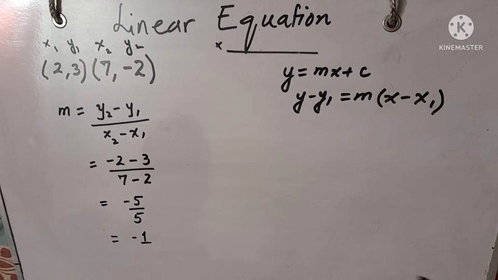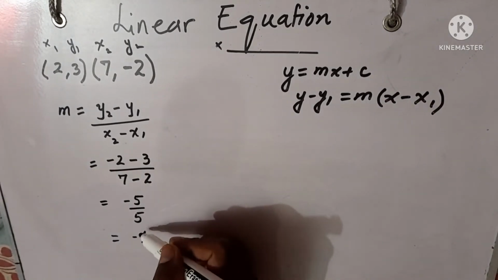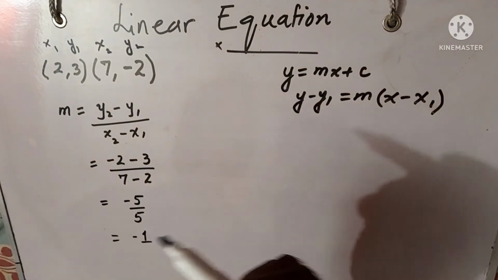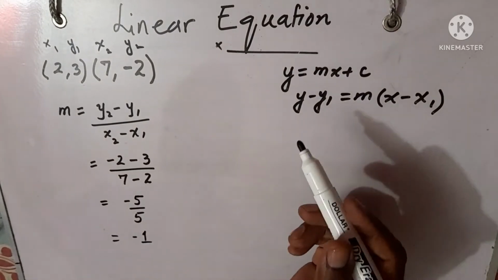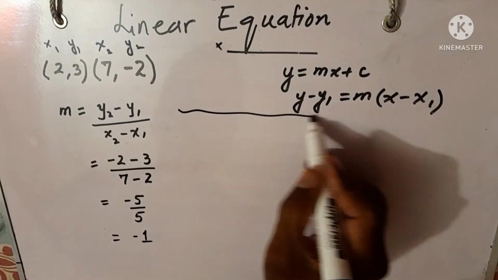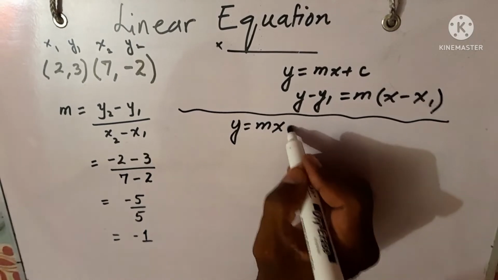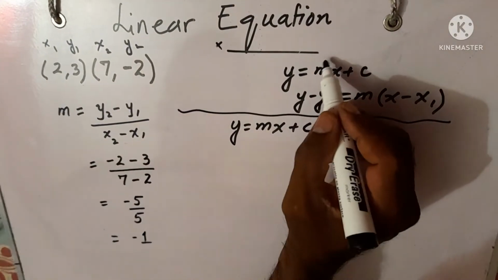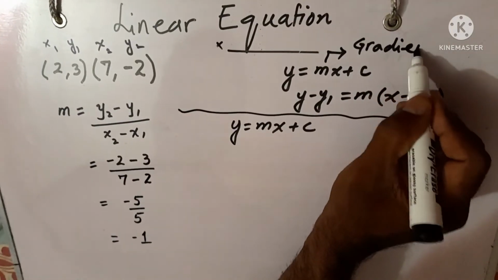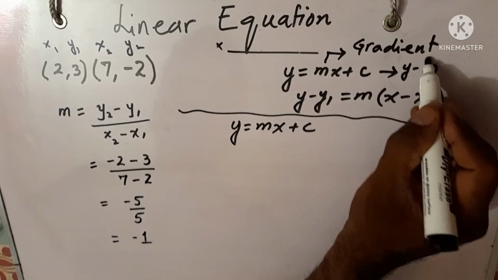Okay, now I will just pick any equation and substitute the gradient, and I will take any one coordinate to find the equation of the line. This time I will be using my first equation, that is y = mx + c, where m is the gradient and c is the y-intercept.